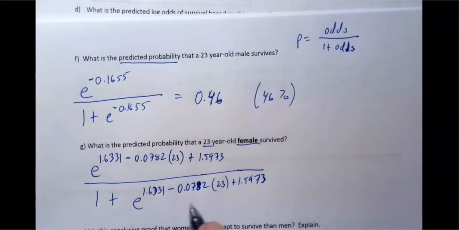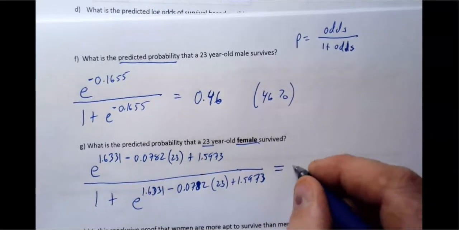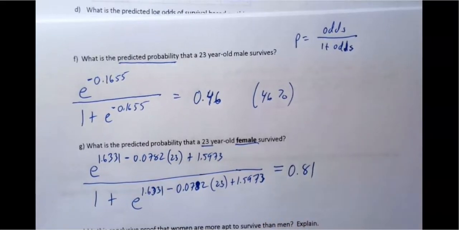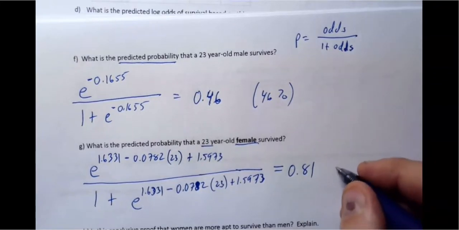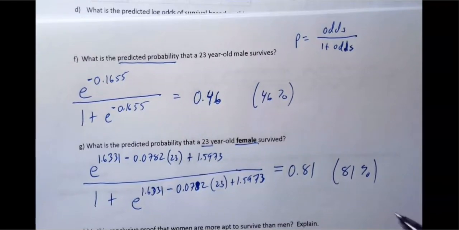So this would be my predicted probability for a 23-year-old female. And if you carefully run that through your calculator, you'll find that it's about 0.81, or 81%. So the model predicted probability that a 23-year-old female would survive would be 81%, whereas for a 23-year-old male it would be 46%.